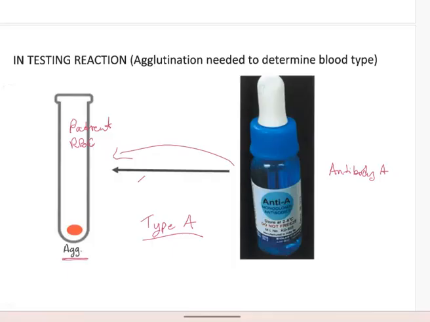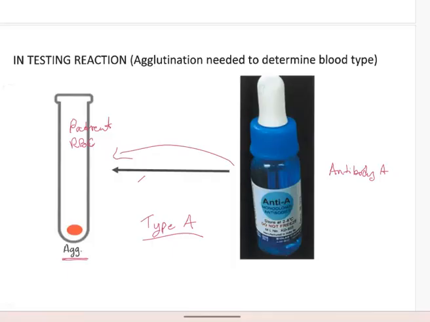Now, this type A person would have naturally occurring B antibodies in their body because we don't want agglutination. But when we're testing and we need to find out what type a person is, we add the opposite to the blood sample in order to get agglutination, so we know what blood type they are.